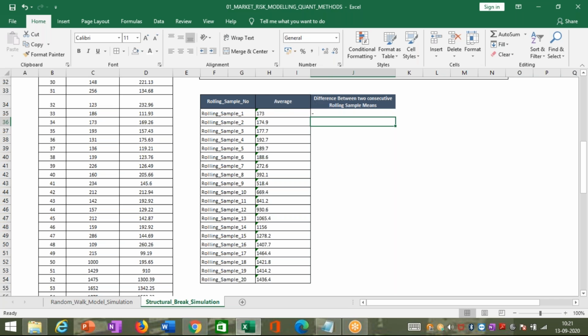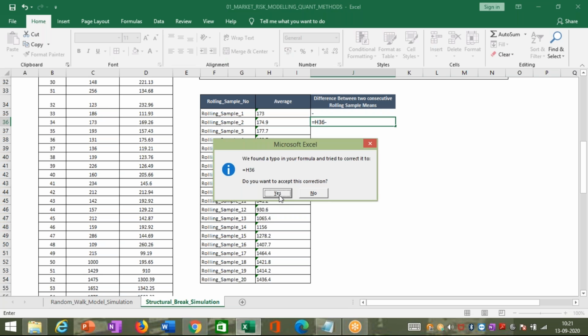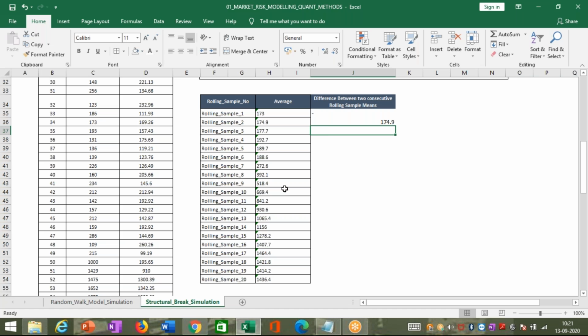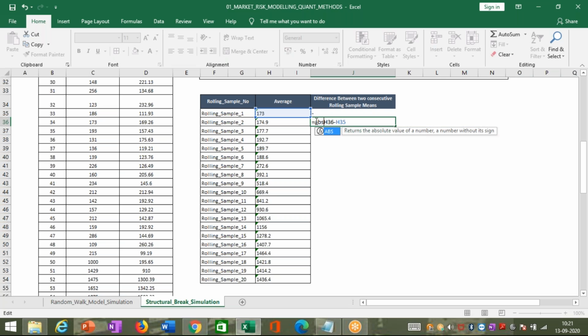So this is the plan. I will just look into the positive, the absolute difference that happens.